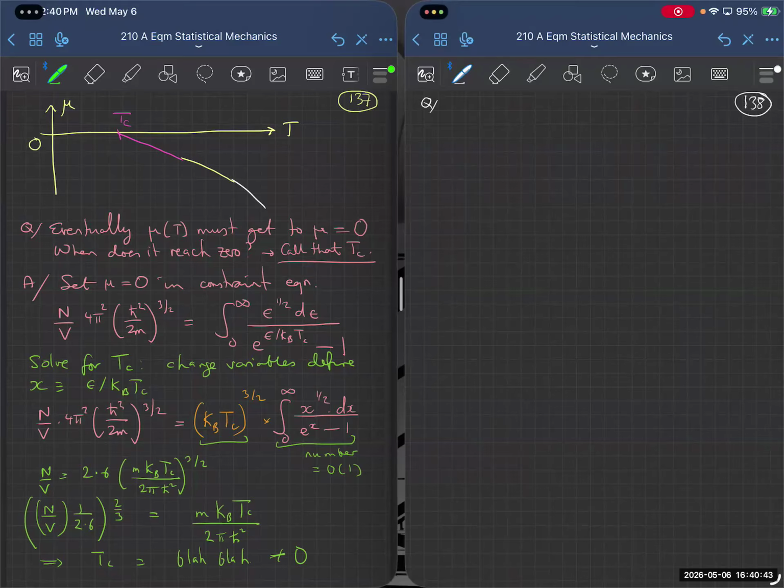Now the question is, okay, fine. But what happens when T goes less than Tc? Okay, so the first answer you say is, well, okay, so mu just keeps going.